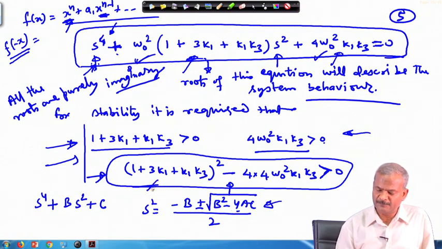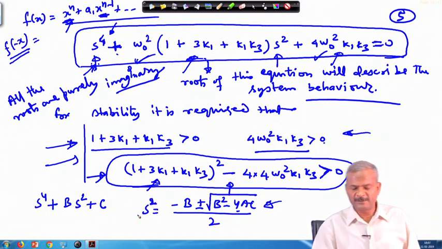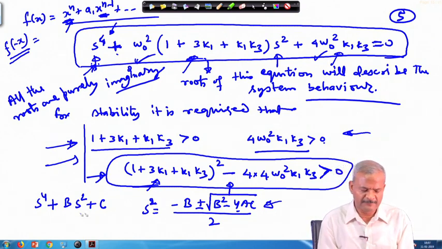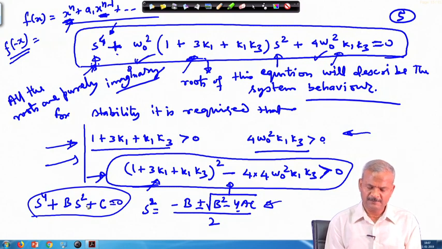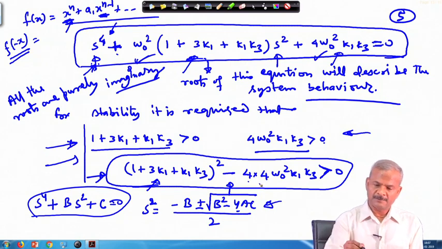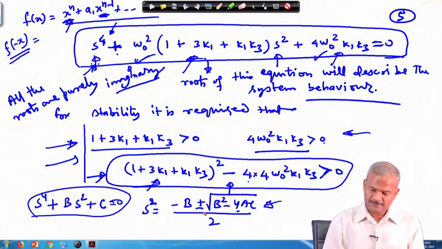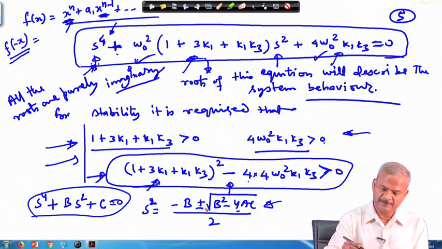This condition must be satisfied if we do not want any roots in the right half complex plane, and you can check using a very simple example. So this 4 into 4 is nothing but 16 here. On the next page maybe we can write.